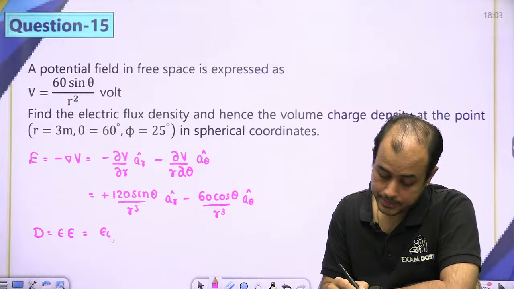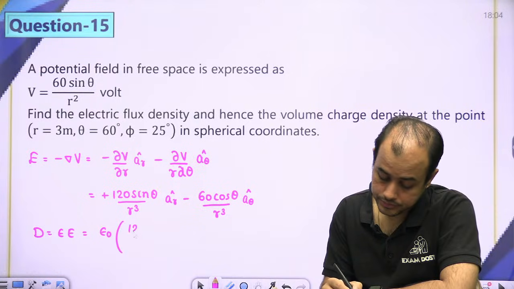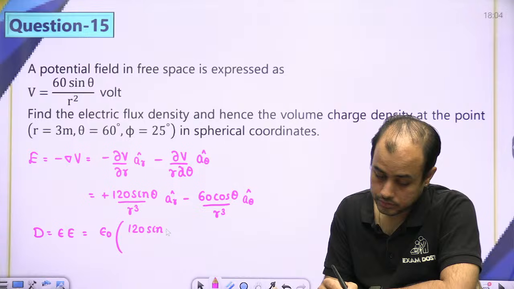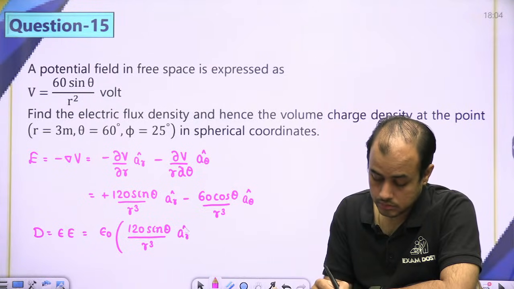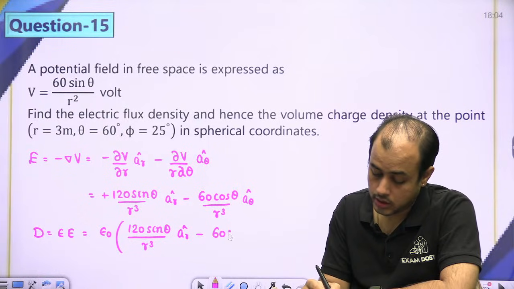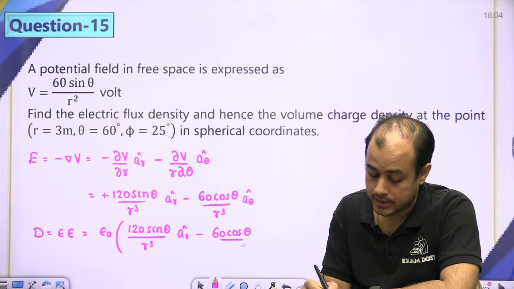So I will take epsilon naught, because permittivity is not mentioned, beta.